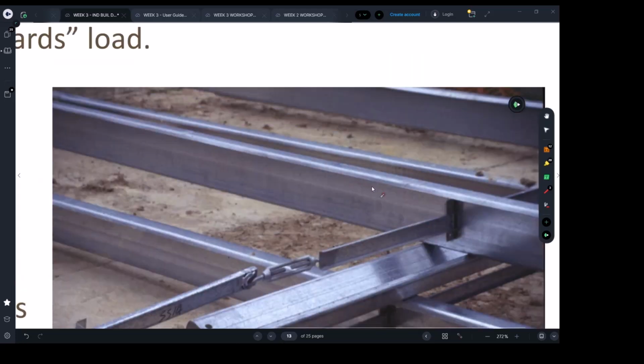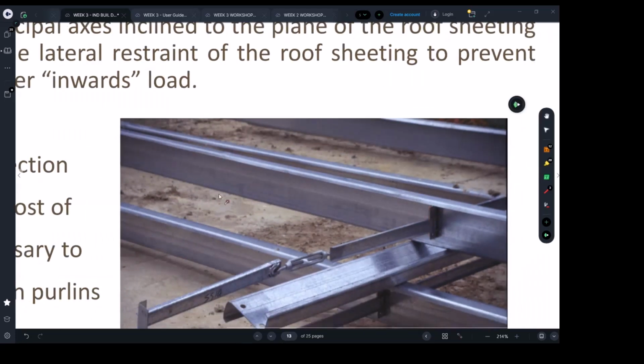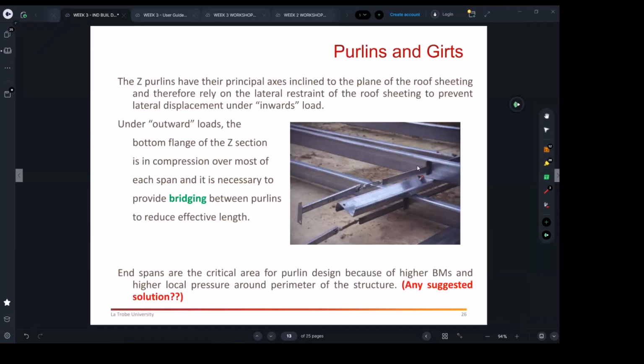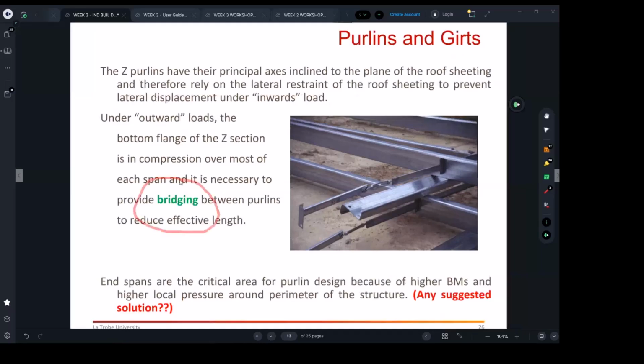To stop that twisting, we use those bridgings to keep it in position. If you don't do bridgings, you're going to end up using taller or bigger purlins or girts. So that's really the concept of using bridgings. It is one of the important features that you need to use in answering your questions and know what to do.